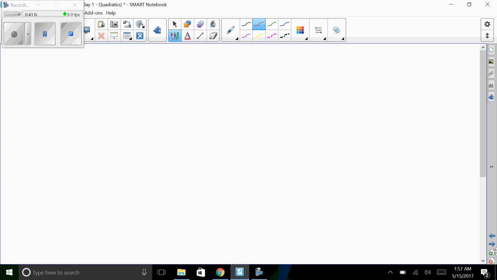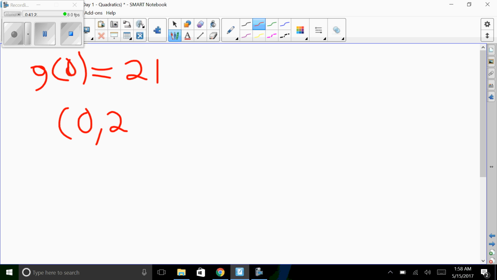Now let's do the same thing. Well, we already know what G of 0 is, so we don't have to do that work again. We said G of 0 was 21. Okay, so 0, 21 is the first coordinate we're going to use. Now we've got to do G of 2.